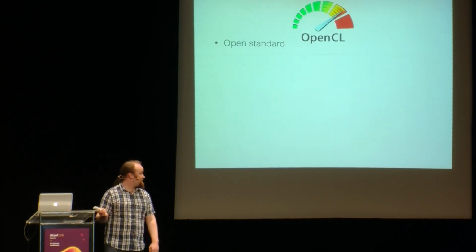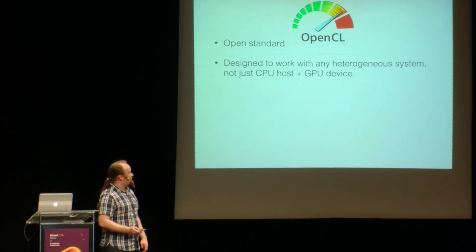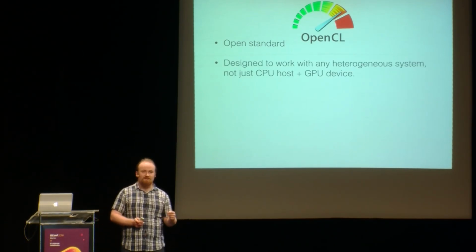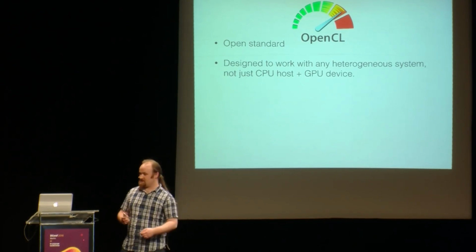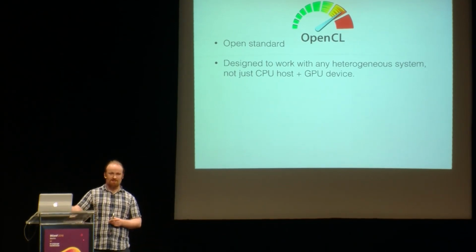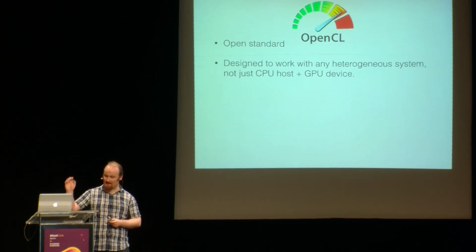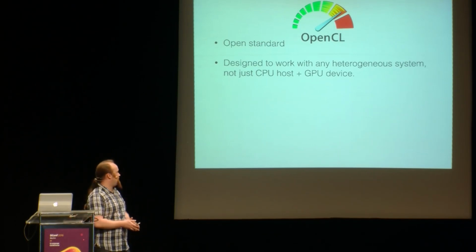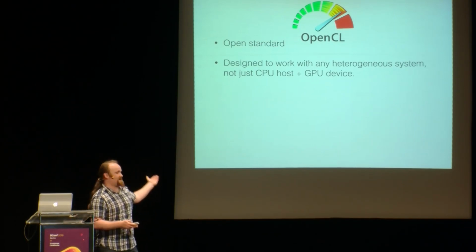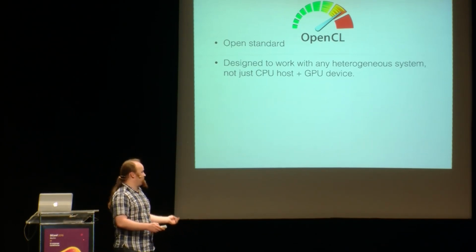OpenCL, it's an open standard. And it's not really just about GPUs. It's about any system where you don't just have one homogeneous computing system. So you might have, the classic thing is a CPU host and a GPU device.